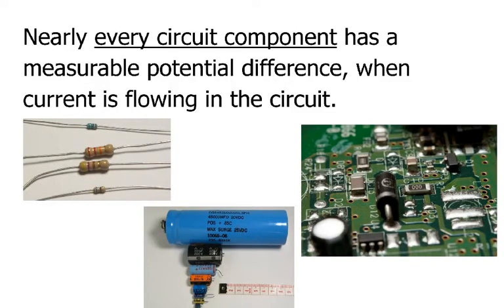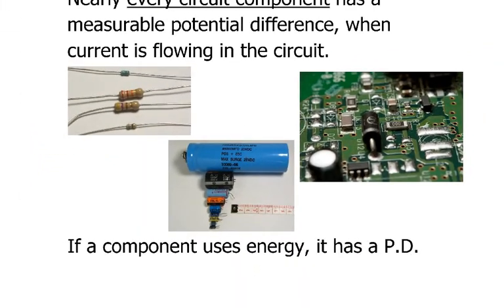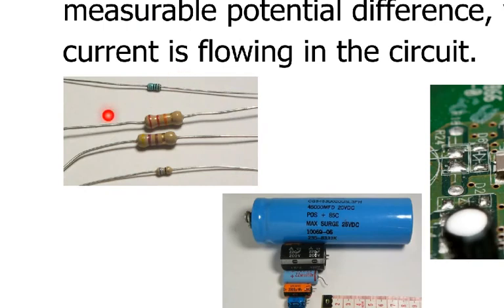All right, as we already said, nearly every circuit component has a measurable potential difference when there is current flowing. I've just got several circuit components here to illustrate that fact. Basically, if a component uses energy, it has a potential difference. So what do we have here? These are resistors, as they actually look if they were attached to a circuit board.